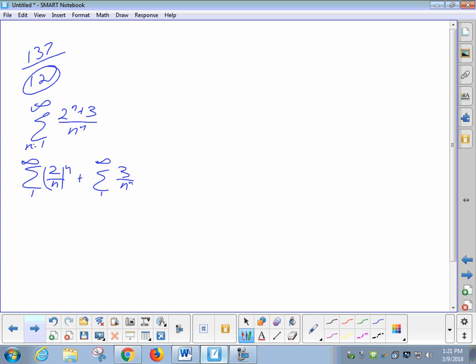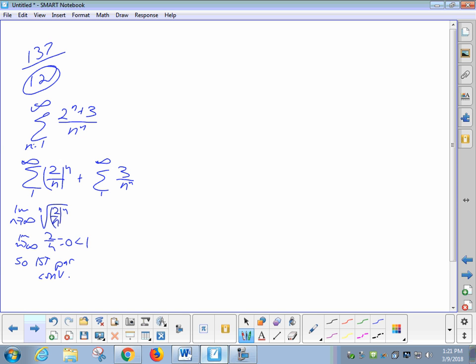So what test? Root test. If I use the root test on both, then the limit as n goes to infinity is 0, which is less than 1. So the first part converges. Do you agree?